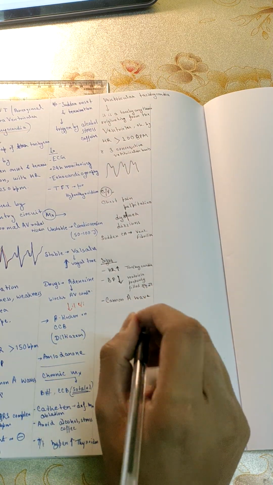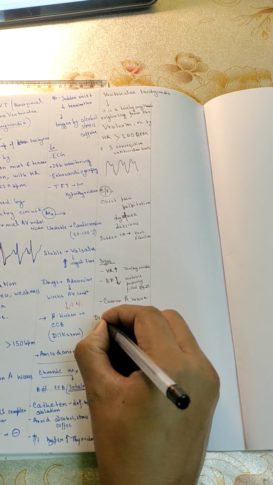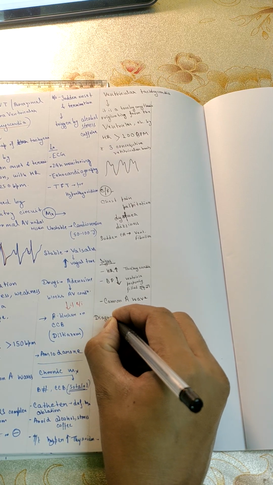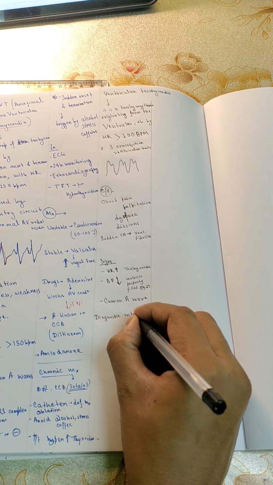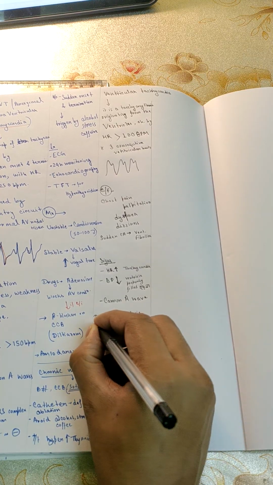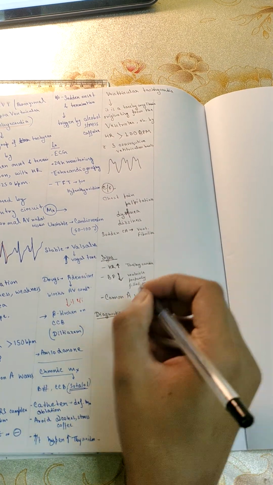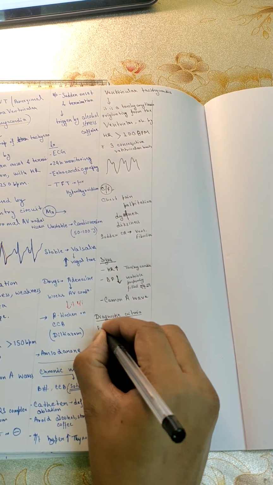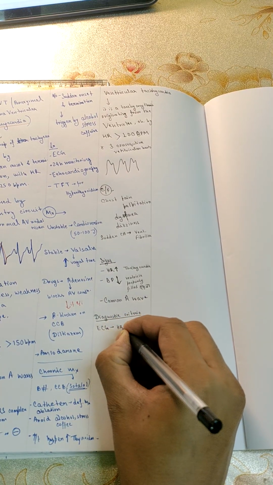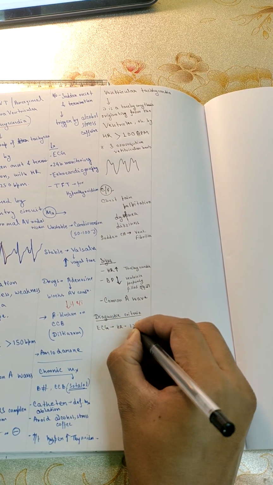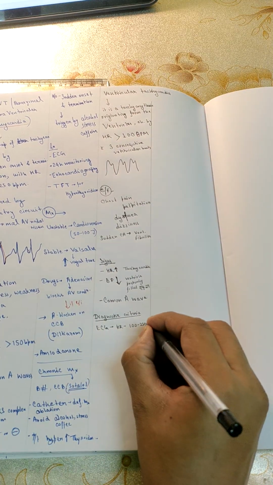Okay, next is diagnostic criteria. In ECG, what can be seen? In ECG, heart rate will be shown as more than 100, so around 100 to 250, same as seen here.